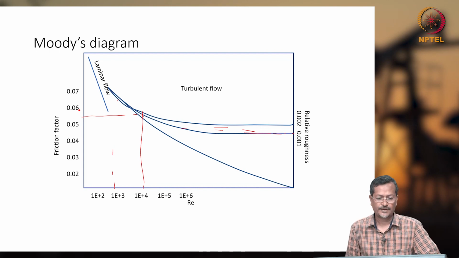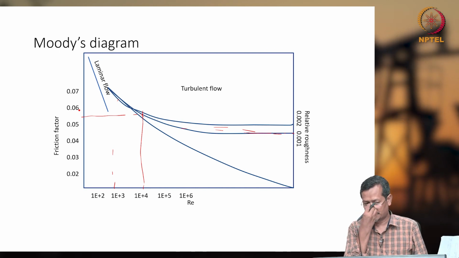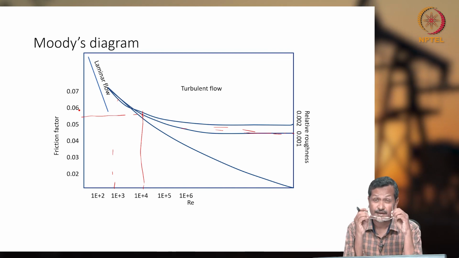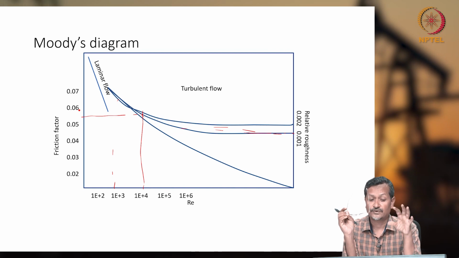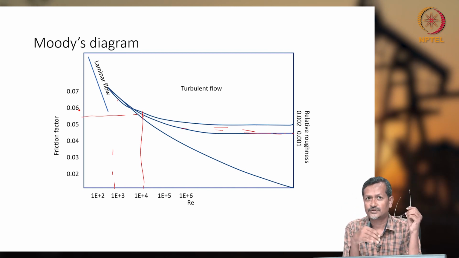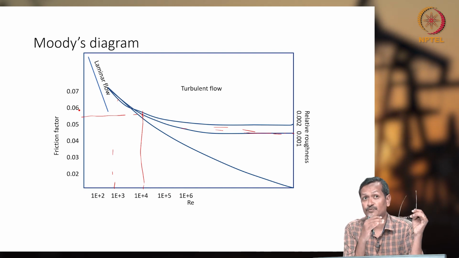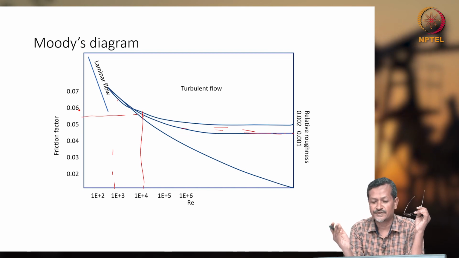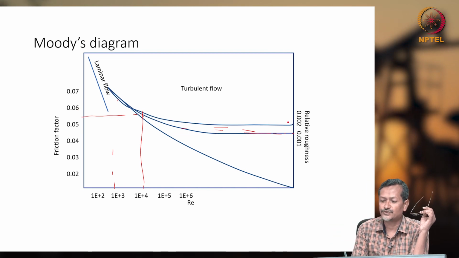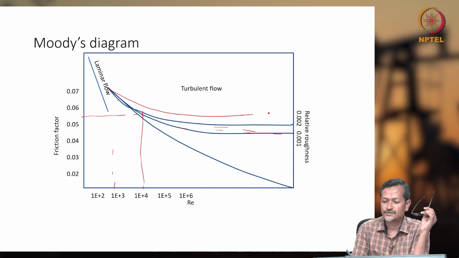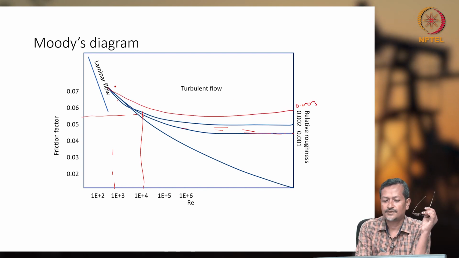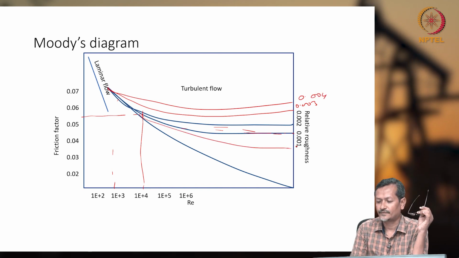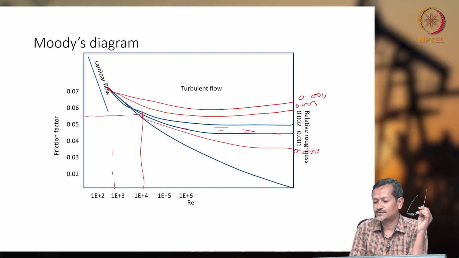This is manually drawn, that's why the value will be a little bit different, but in the exam maybe we will give the exact Moody's diagram, so you can get the exact value. This picture closely resembles the exact Moody's diagram. First you have to get the Reynolds number value, then you have to check the relative roughness value. Relative roughness can be 0.02, or like this also, 0.003, 0.004, 0.0001.